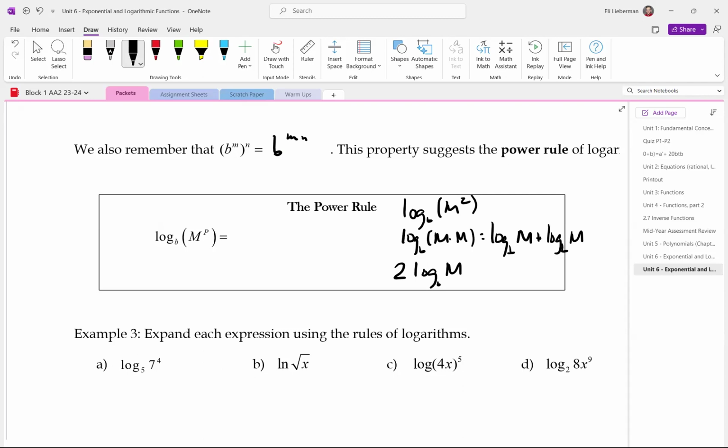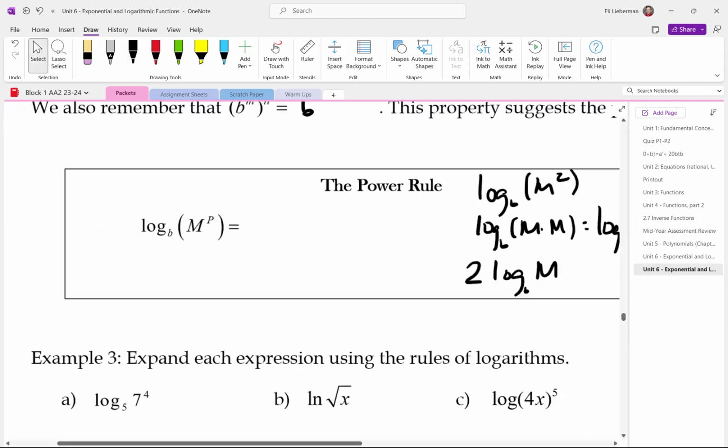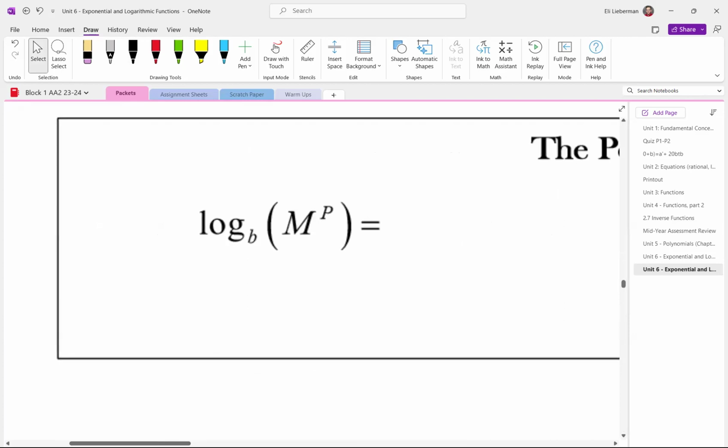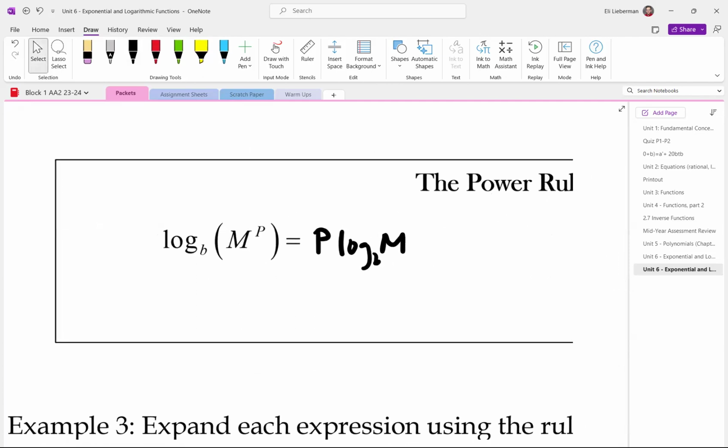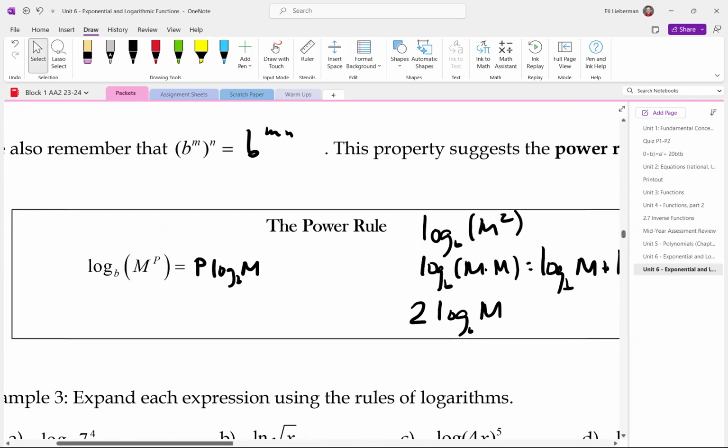So what's the rule that we're talking about here? It's going to be equal to p times log base b of m. Isn't that what's happening?